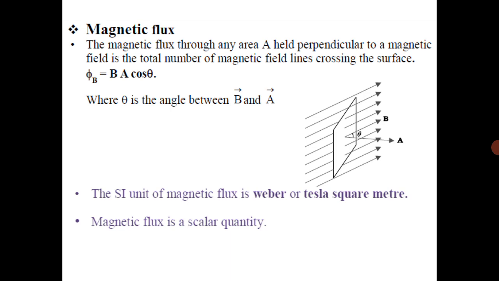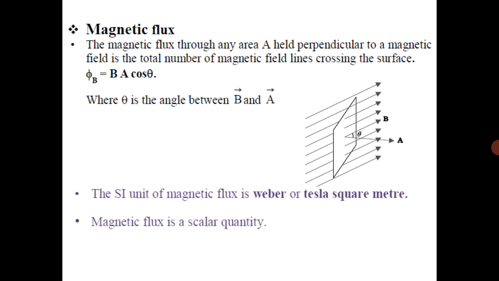Okay, so the SI unit of magnetic flux is Weber. The unit of magnetic field is Tesla, and the unit of area is meter square. So hence we can write Tesla meter square.